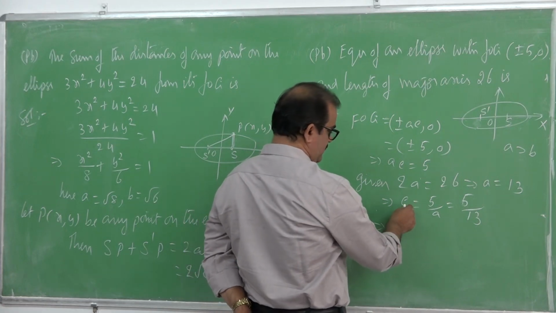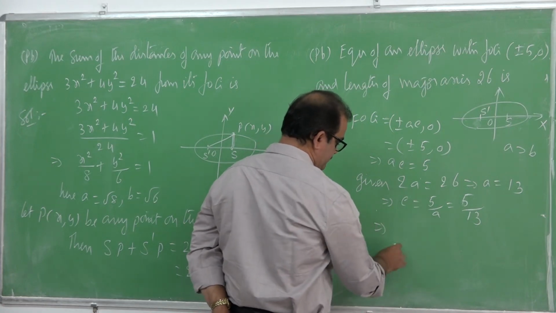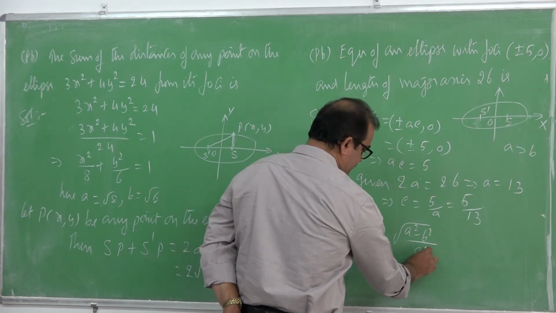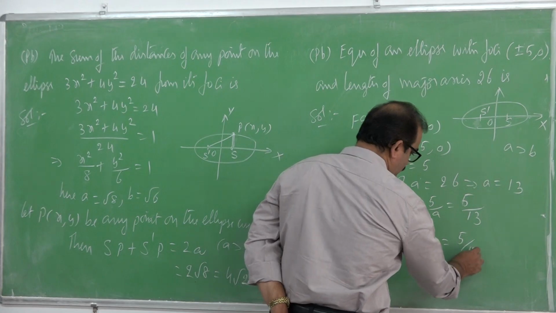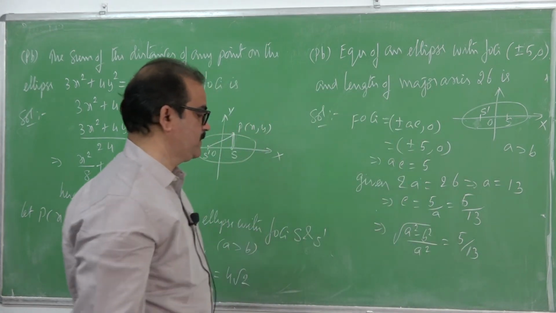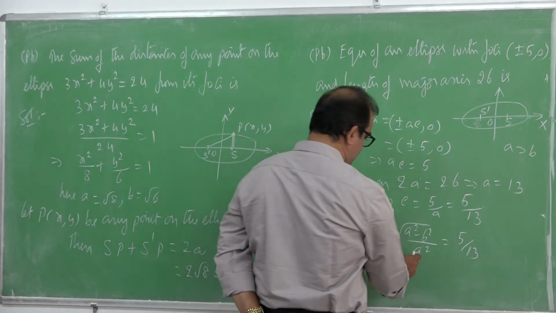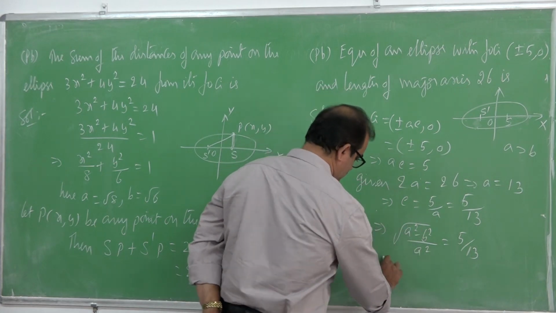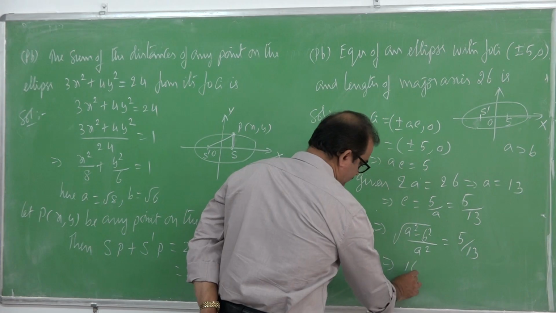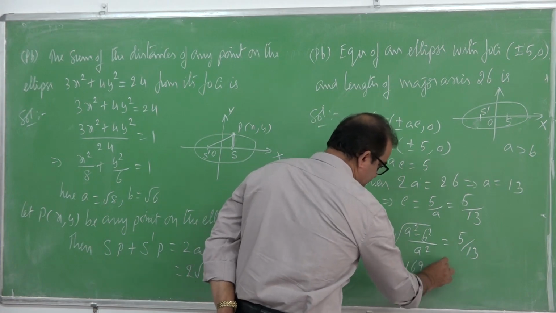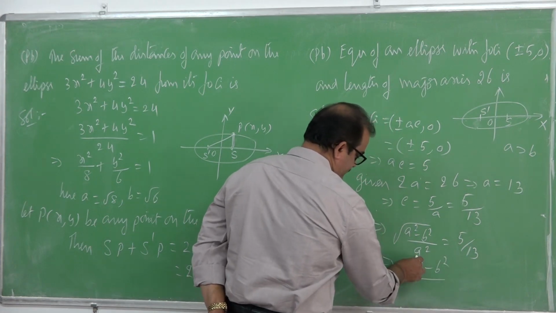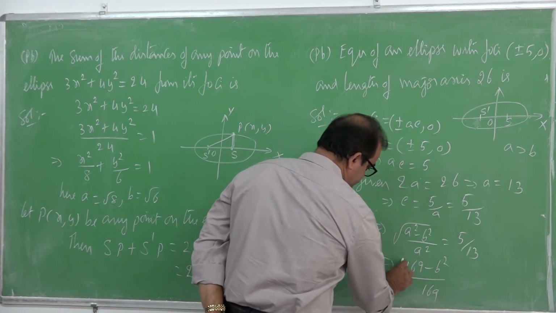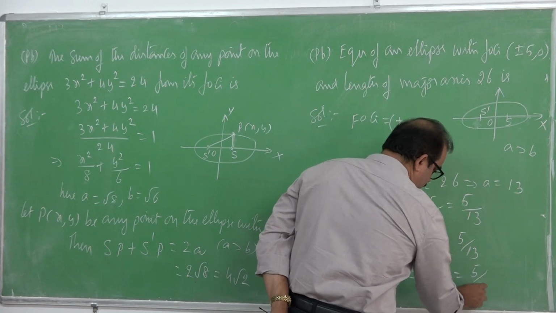What is the formula for eccentricity E? Root of A square minus B square by A square is equal to 5 by 13. From this find B value. First you substitute A value. A is equal to 13. 13 square 169 minus B square by root A square 169 is equal to 5 by 13.